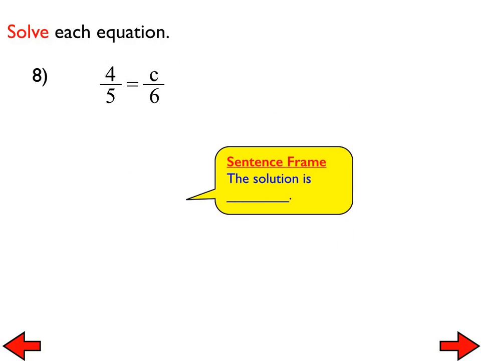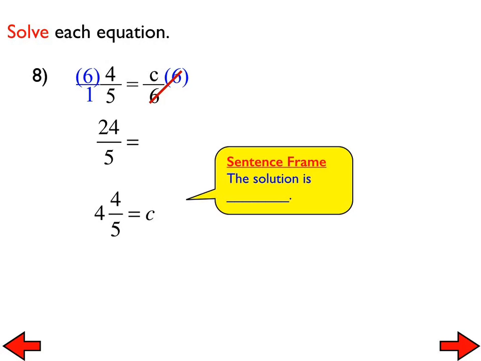Number 8. Obviously, if you're going to use the new method, you don't need to utilize the upside down property. If you did this the first way, you would have to multiply 5 by 6/5 to make 6. So you would need to multiply 4 by 6/5 to figure out what C is. If you did it the newer way, you need to multiply both sides by 6. So we're trying to figure out what 6 over 1 times 4/5 is.